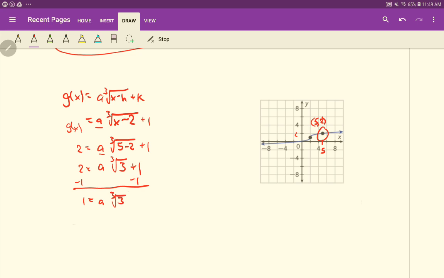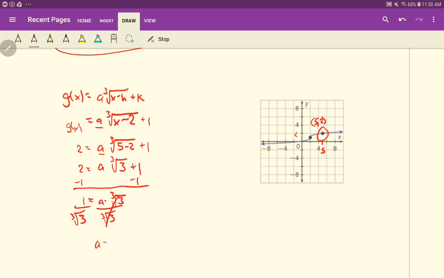Now, if you type the cube root of 3 in your calculator, which you can do by pressing the math button, and that'll let you access the cube root command, it won't give you a nice number. So what we'll do instead is divide both sides by the cube root of 3, because it's really a times the cube root of 3, so we divide by the cube root of 3 over here to get rid of it.